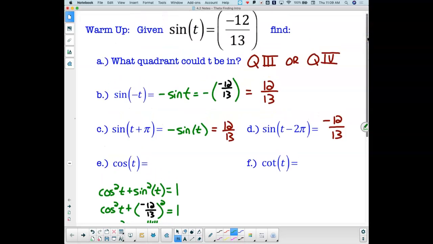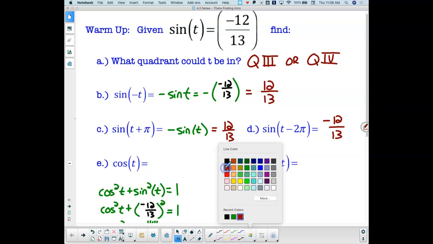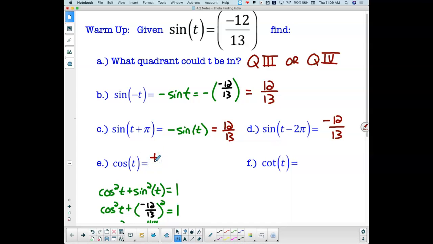So in quadrant 3, what is cosine? Positive or negative? Negative in quadrant 3. In quadrant 4, what is cosine? Positive. So we haven't deciphered which quadrant we're focusing in on, so it has to be both positive and negative 5/13.